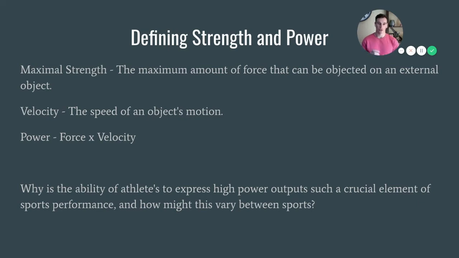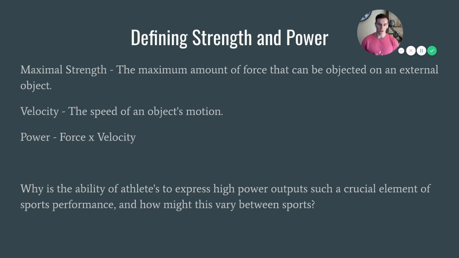This is where power is really expressed, because you need the maximal strength to pull the weight from the floor, but you also need the speed to transfer that barbell all the way above your head, as opposed to, say, a back squat or a deadlift, where you can move much slower, almost grind out a rep. I'm sure any of you who do strength training, when you get close towards your maxes, can appreciate how the bar speed changes. As you get towards max, that bar is going to be moving a lot slower.